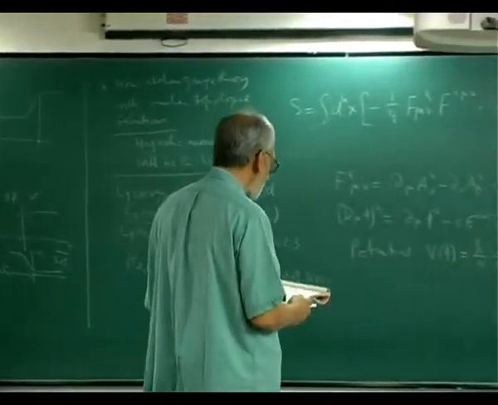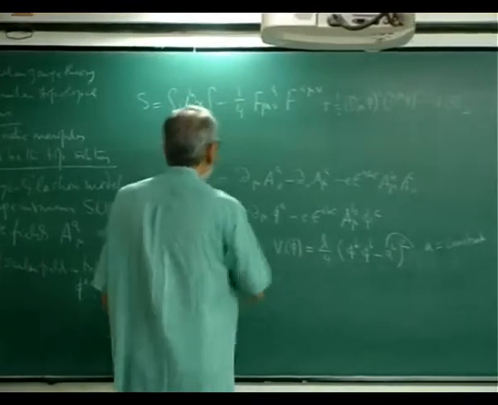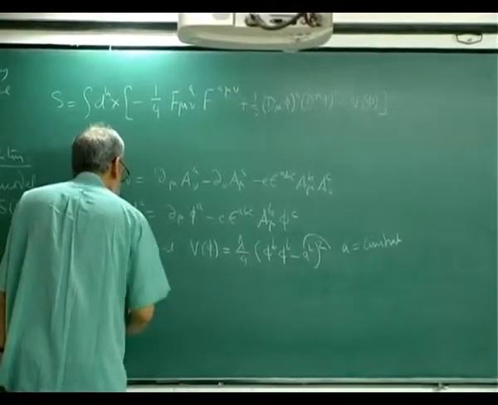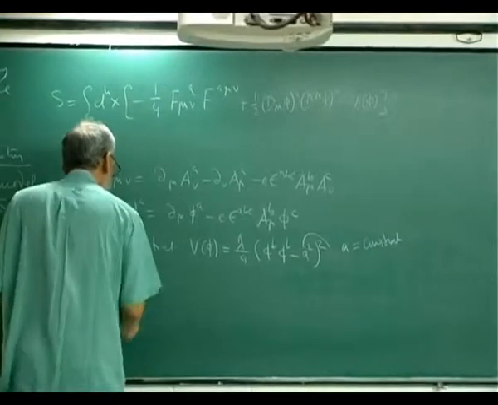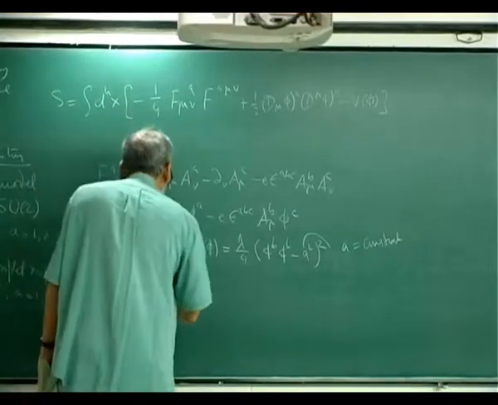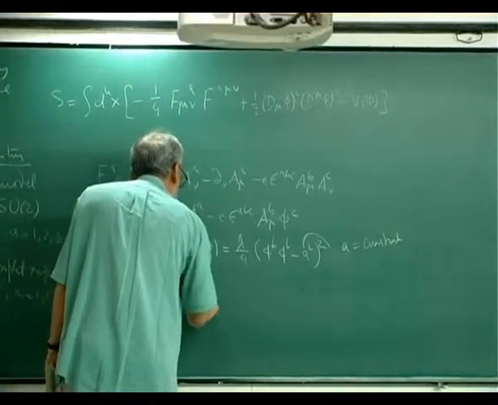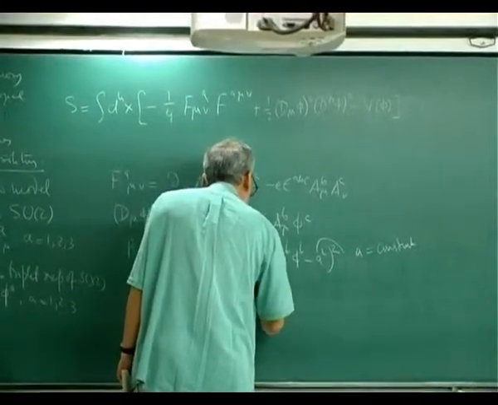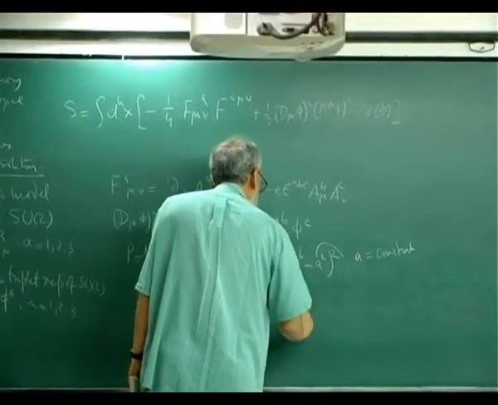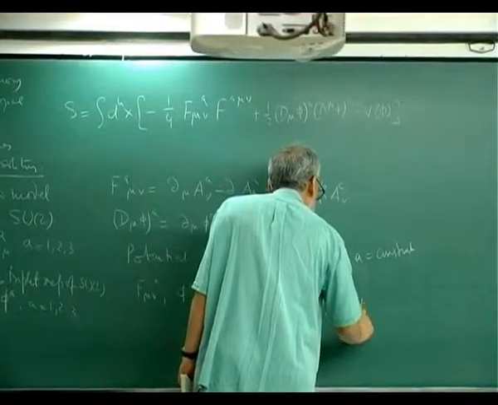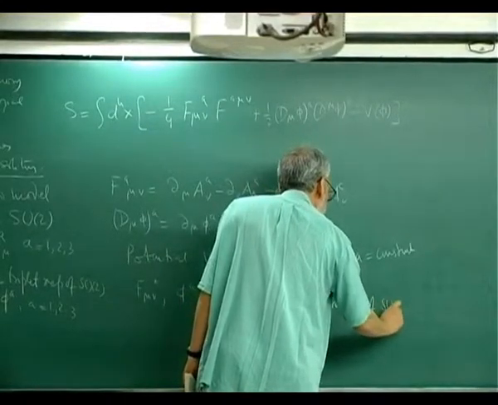All right. Now, like we said, F mu nu A, phi A and the covariant derivative of phi A are all in the adjoint representation, that is the triplet representation of SU2.